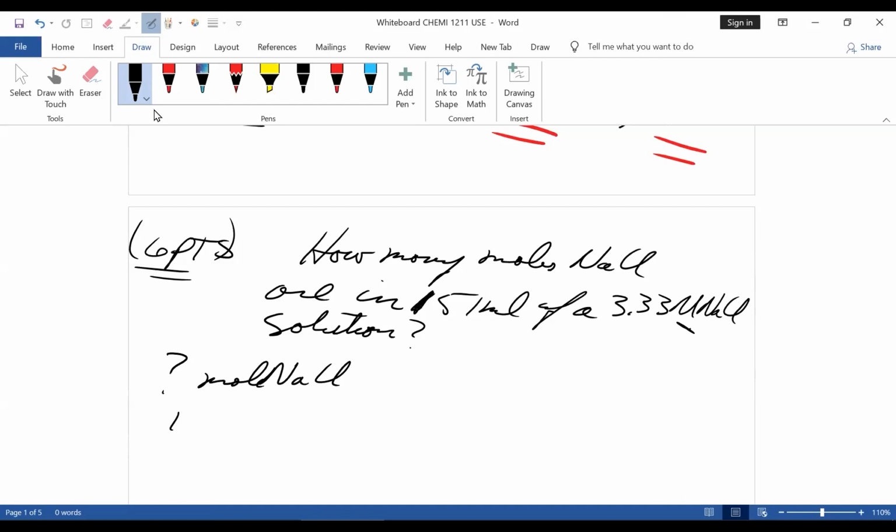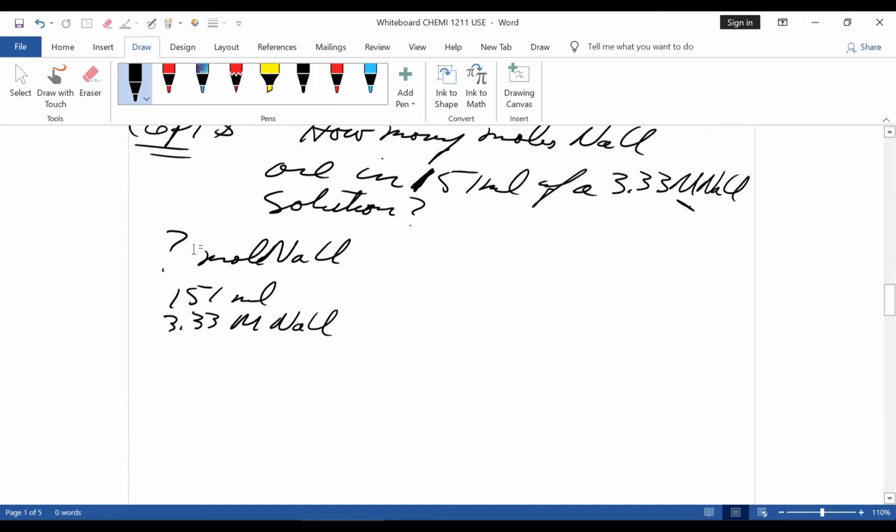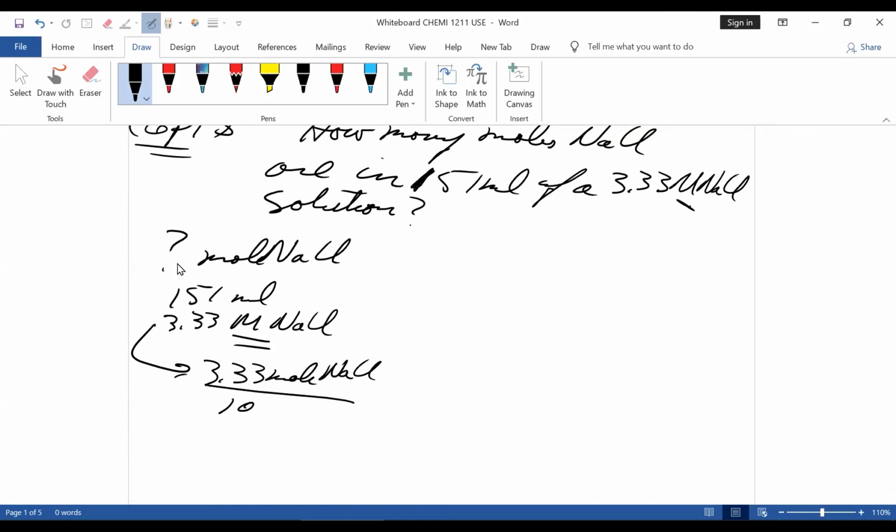What are we given? 151 milliliters of solution and this strange number, 3.33 capital M NaCl. Now, first thing I like to do is, oh, capital M, molarity. What does that mean? That means 3.33 moles sodium chloride per 1,000 milliliters.